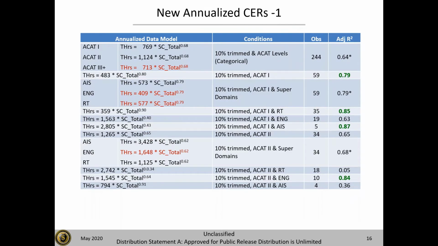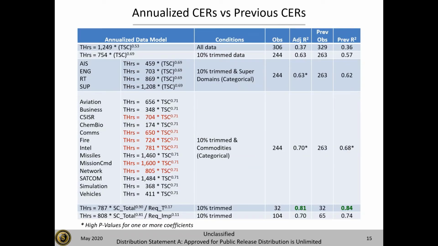Cheryl? Yes. One thing I would add is that far right column, Prev R-squared, was the data, these CERs done on the full release data that was not annualized. So you can compare the full release data to the annualized release data, which is previous R² to adjusted R².